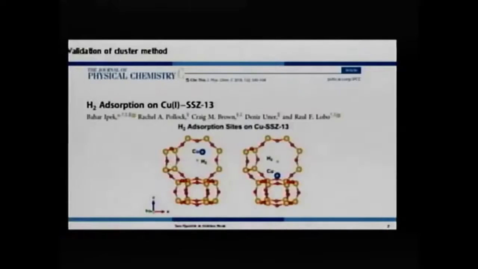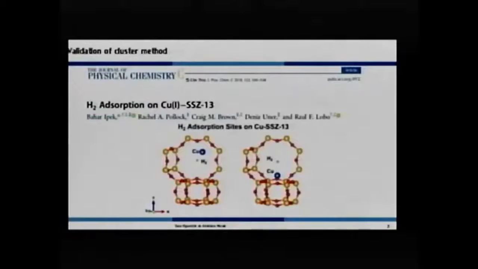To validate our clusters, we searched for a simple reaction for which we have experimental results. One of the simplest reactions we found was the hydrogen adsorption at the copper site. The hydrogen can be adsorbed at copper on the 6-membered rings and 8-membered rings.